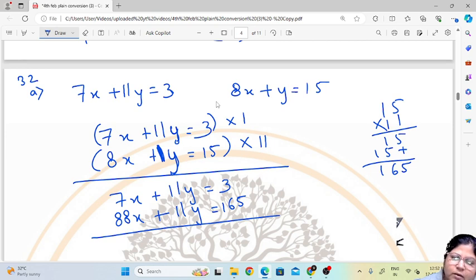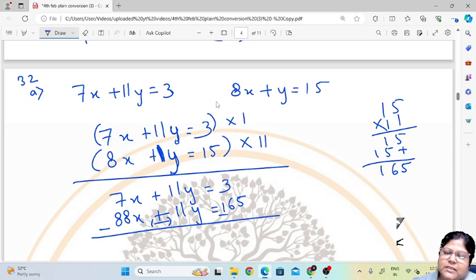Okay, now we cannot eliminate with plus plus only. So because of that reason, we will subtract here. You will just put the sign opposite. Plus minus, here also it was plus, that's why minus. Here also it was plus, that's why minus. If there would be somewhere minus, then it would have become plus.